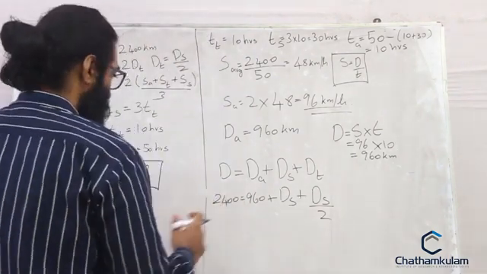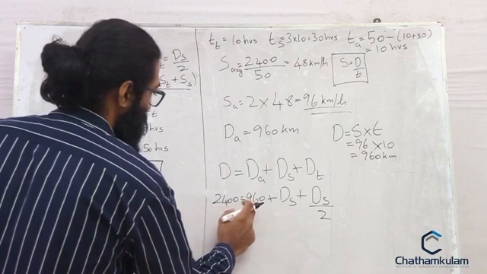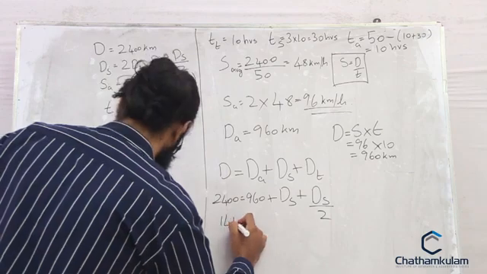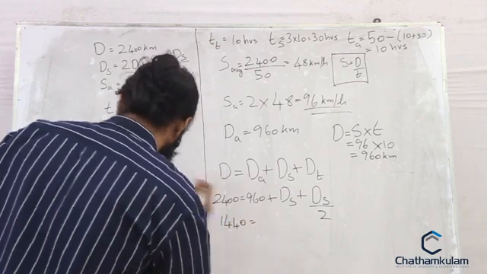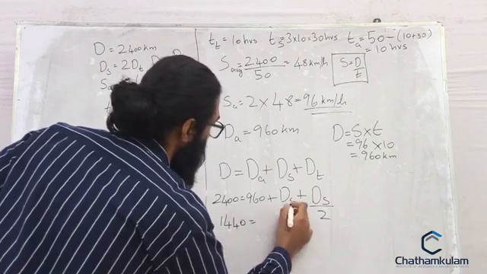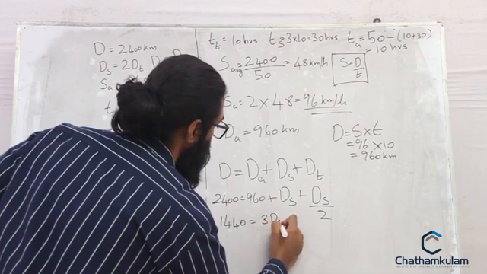So we calculate this: 2400 minus 960 is 1440, which equals ds plus ds by 2. Taking the LCM, that is 3 ds by 2.